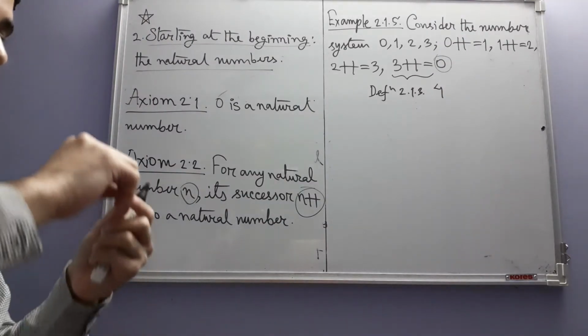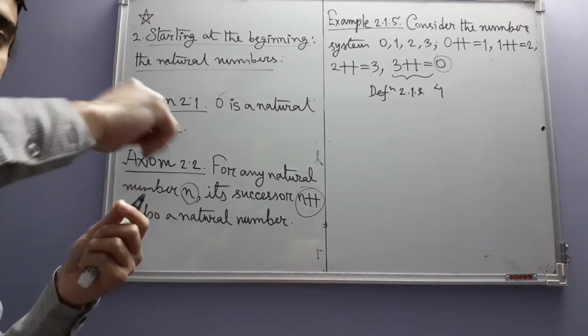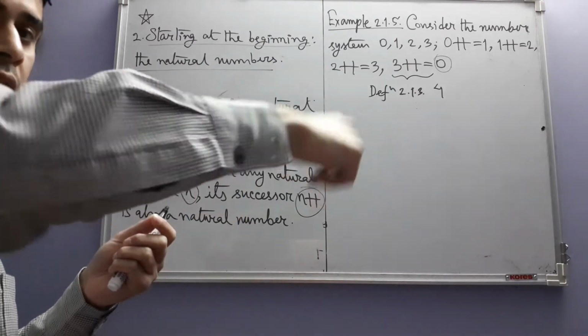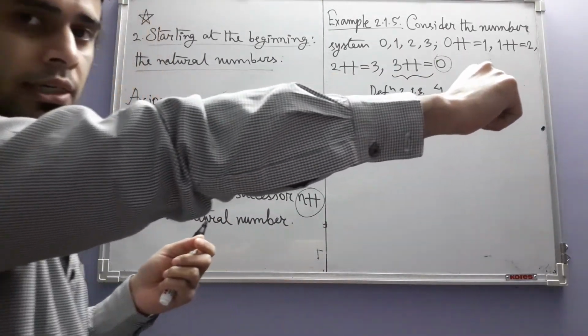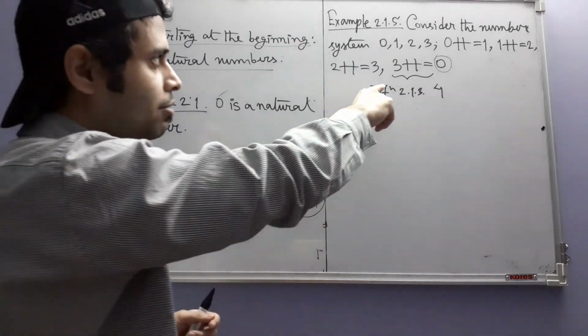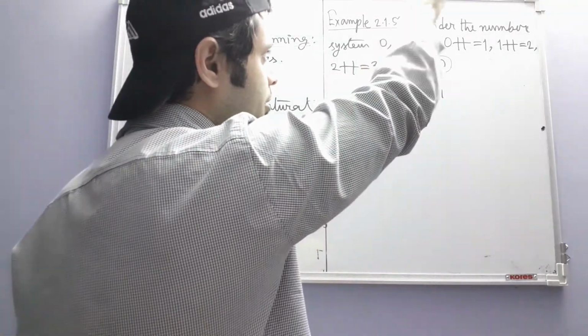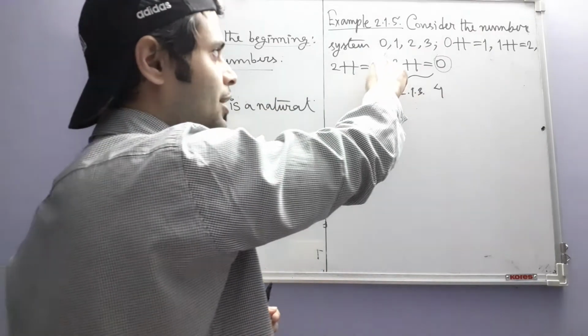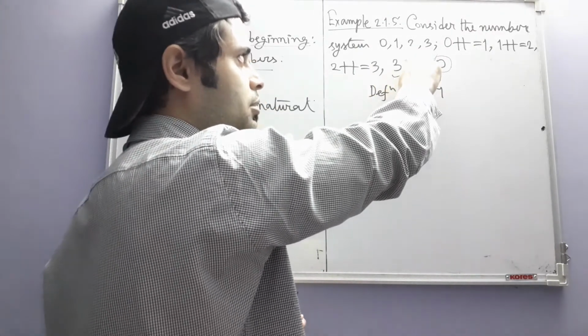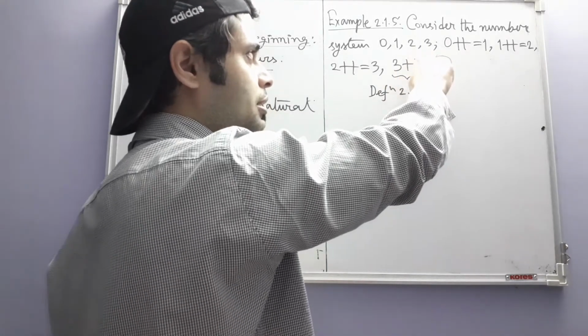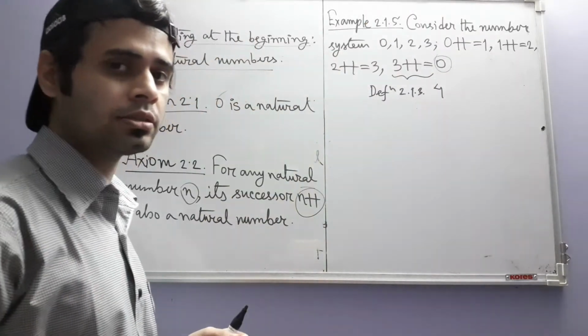We think that the natural numbers not only progress like this one by one, but go on indefinitely without any end. Here, however, things have cycled back to 0. We have started from 0, we have got to 1, whose successor is 2, whose successor is 3, but then the successor of 3 is taken to be 0.